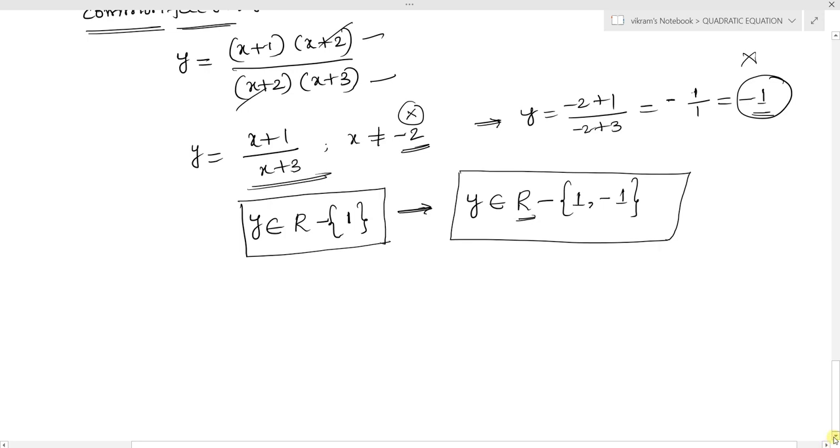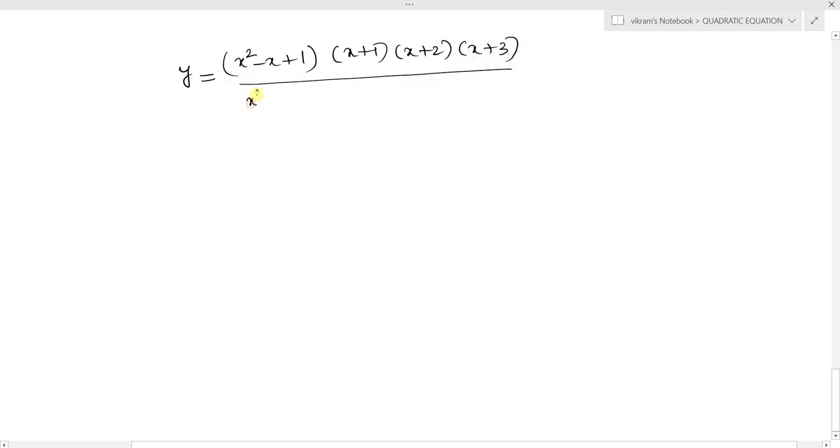For example, I will consider another one. If y equals, the question is given as x square minus x plus 1 into x plus 1, x plus 2, x plus 3 by x square plus x plus 1 into x plus 1, x plus 2, x plus 3.